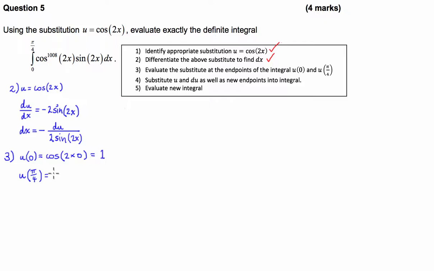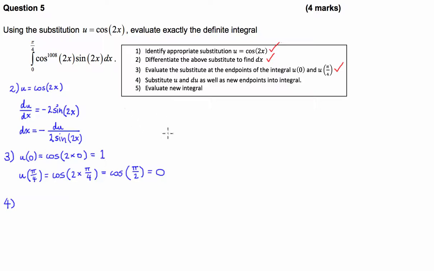So u of pi on 4 is going to be equal to cosine of 2 times pi on 4, which is equal to cosine of pi on 2, which you should know is equal to 0. So now we know what our endpoints are going to be once we do the integral of the function post-substitution. So let's go and tick off number 3 from the list.